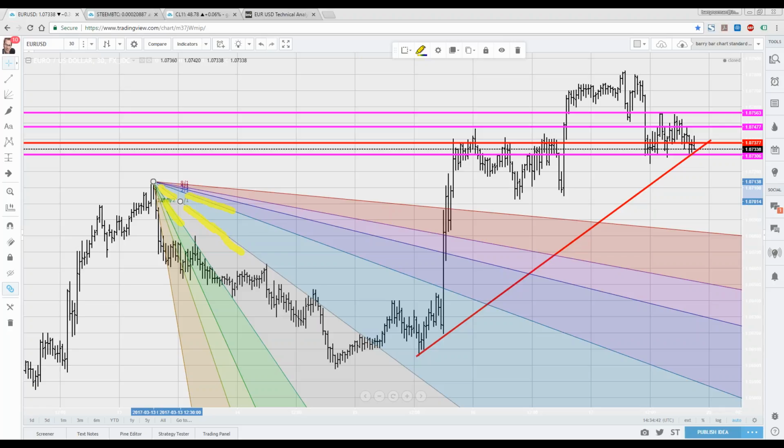You can use your indicators in colors, rainbow colors, solid color, because we're not concerned with the in-between of the fans. We're concerned with the support and resistance line. This main center one is called the 1-1. That is the line that is dropped on your chart at a 45-degree angle from the price.